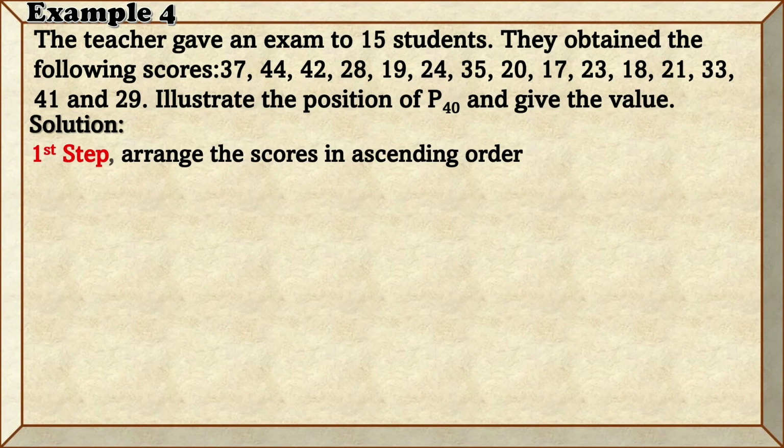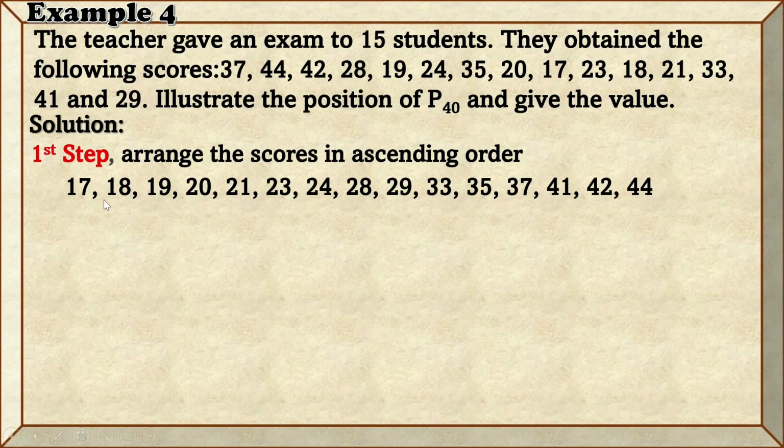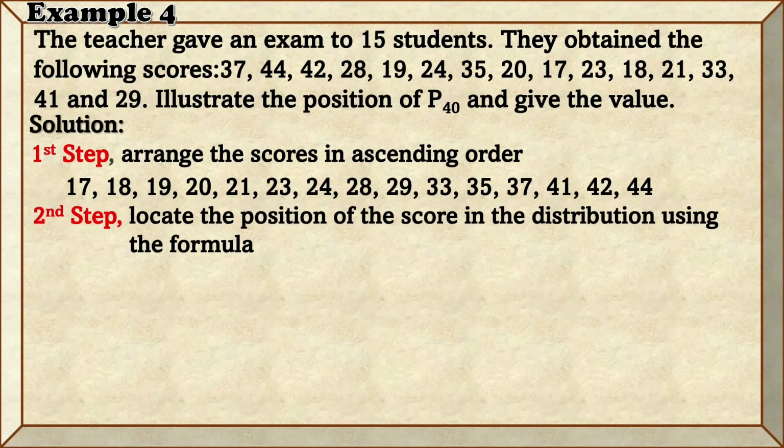So the solutions: first step, arrange the score in ascending order. Since the lowest score here is 17 and the highest score is 44, so here are the scores arranged from lowest to highest. Second step, locate the position of the score in the distribution using the formula.